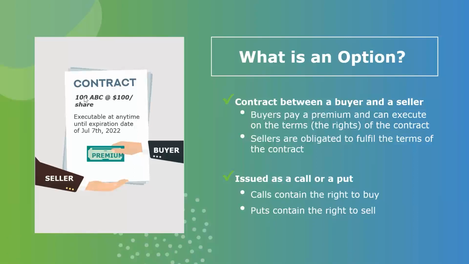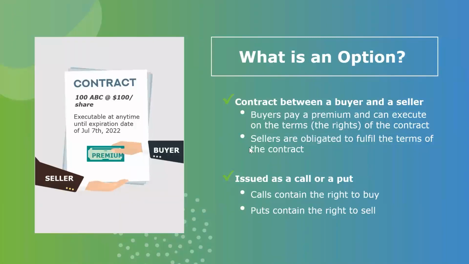This isn't actually what an option contract would look like, but this is exactly what it means, where you can buy or sell 100 shares of ABC at a certain price on a per share basis. This is executable at any time until the expiration date, for example, July 7th. That should be 2023. And the buyer of an option will pay a premium to the option seller.